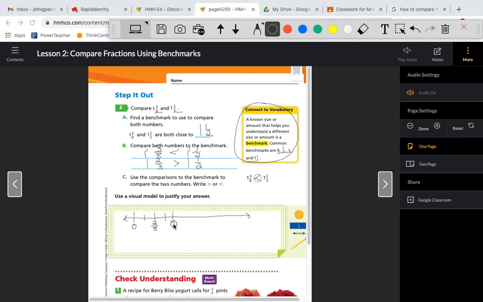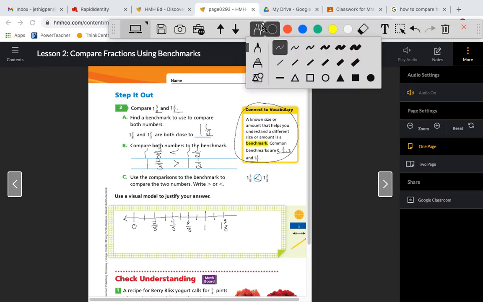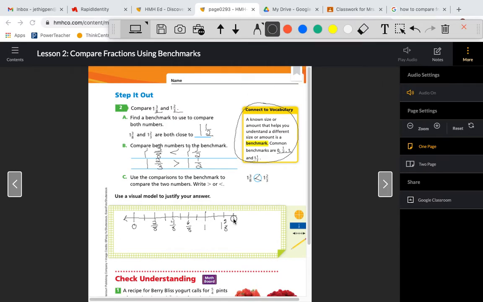And we've got 4/8, 5/8, 6/8. And then this is going to be 1. And we have 1 2/8. So I may have to extend my line just a little bit more. Not a problem. So 1 2/8, 1 3/8.